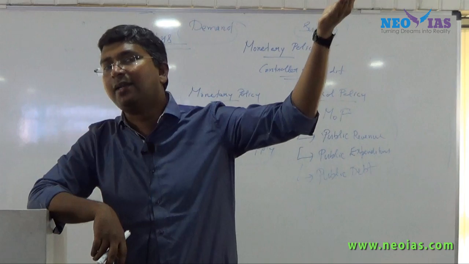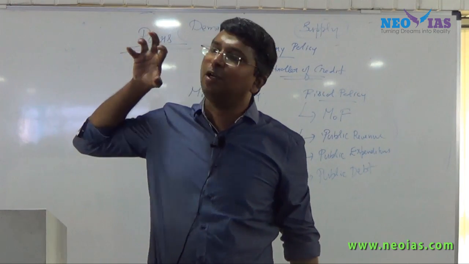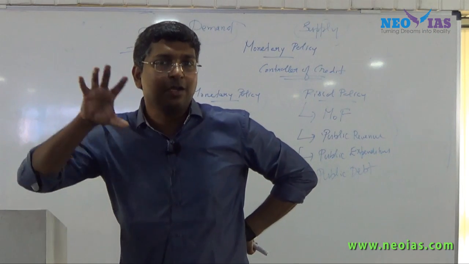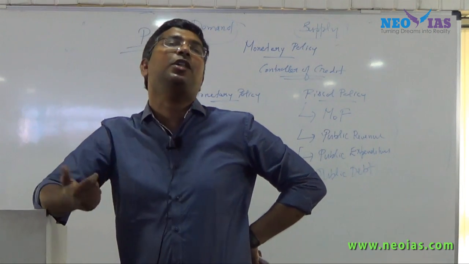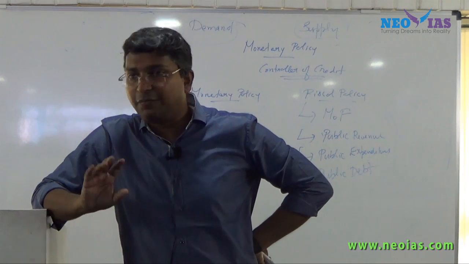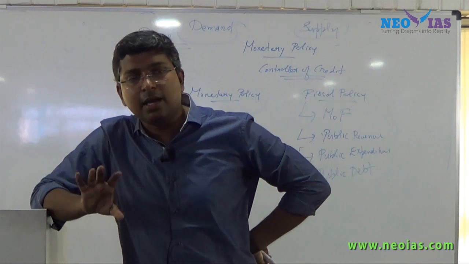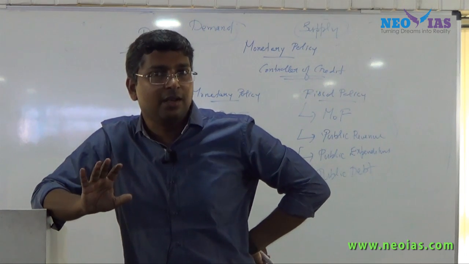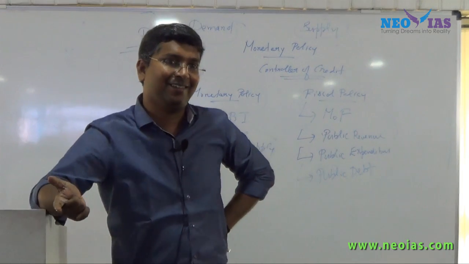Now what will the RBI try to do? If the RBI tries to control the demand by controlling the credit, it will be like a double shocker for the common man. So be very clear, RBI can control inflation only when the inflation is due to excess demand.